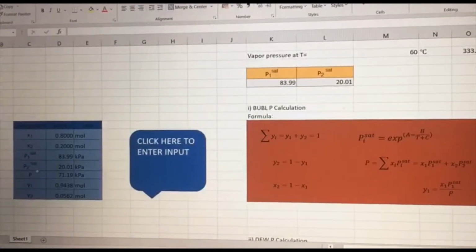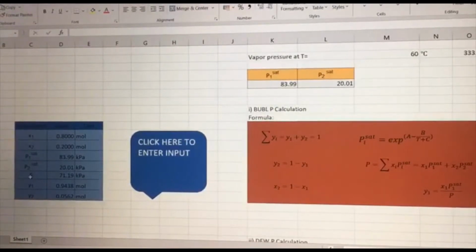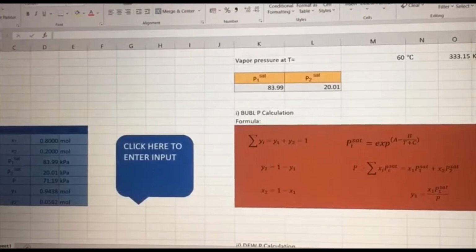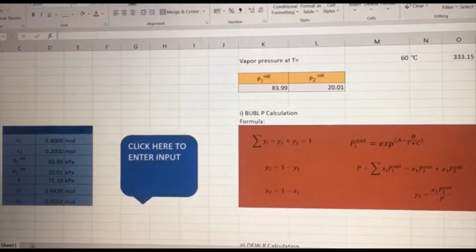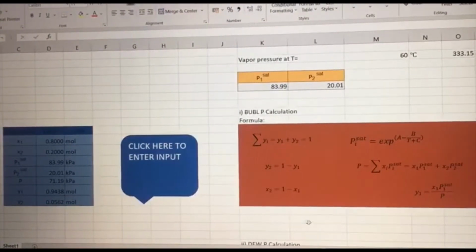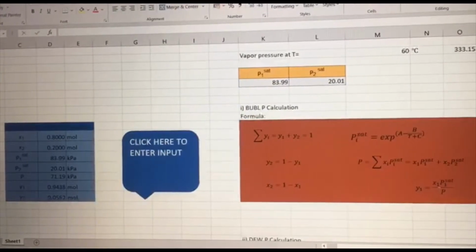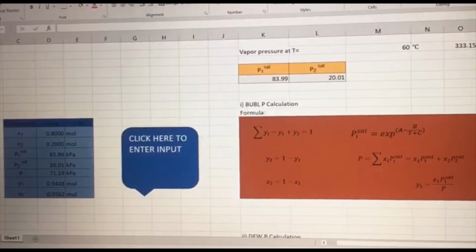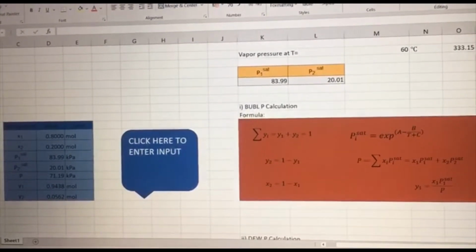P1 set and P2 set we take from the earlier reading. The pressure of the system P we get from x1 P1 set plus x2 P2 set. y1 we get from y1 equal to x1 times P1 set over P, and y2 equal to 1 minus y1.